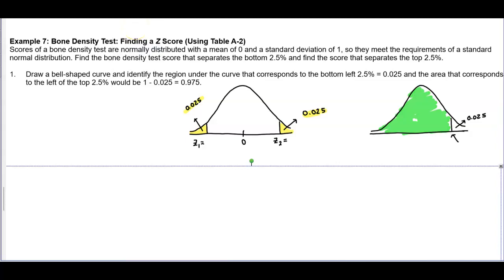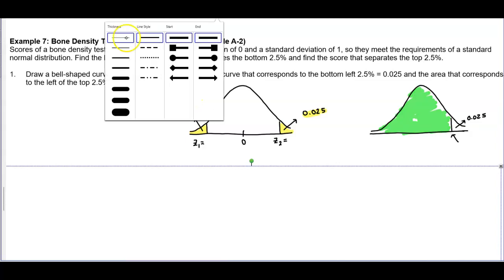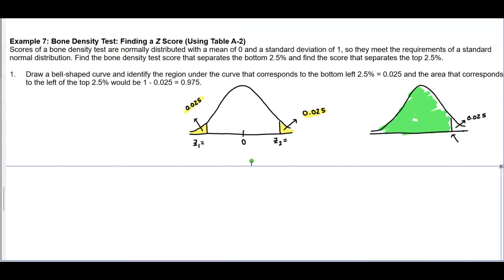Well, we first need to find the area. This is going to represent 1 minus 0.025, and that equals 0.975.